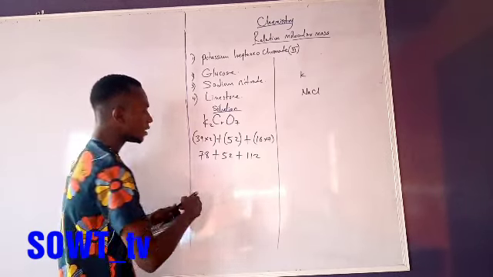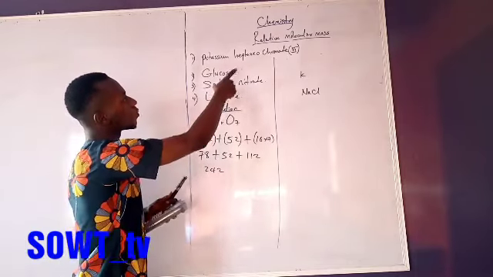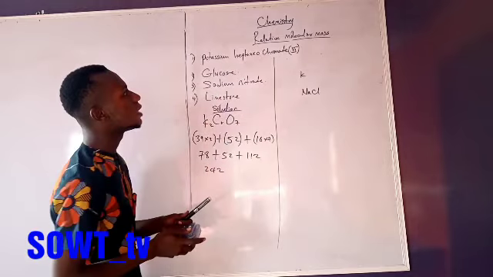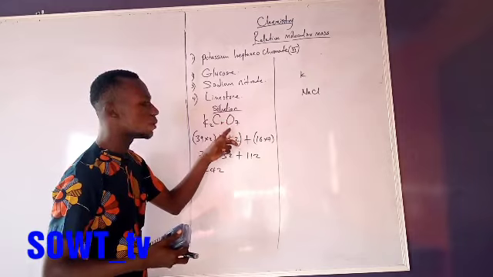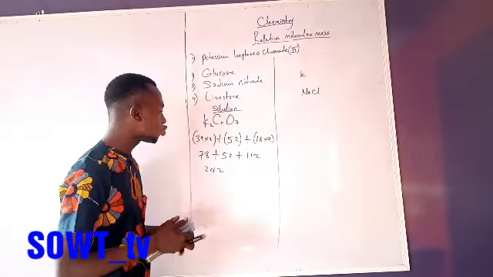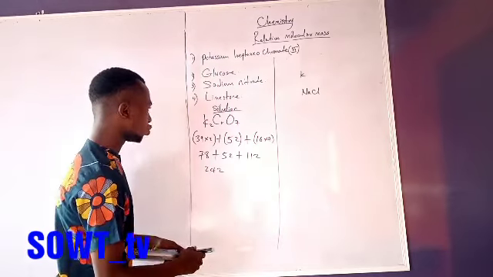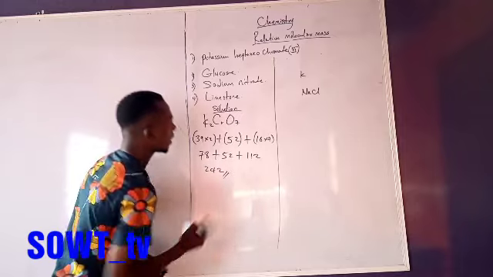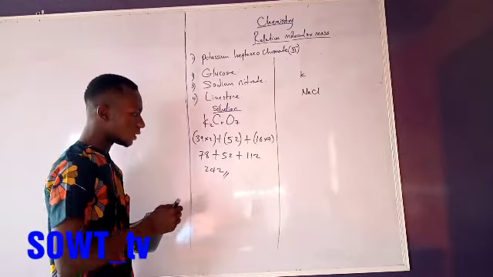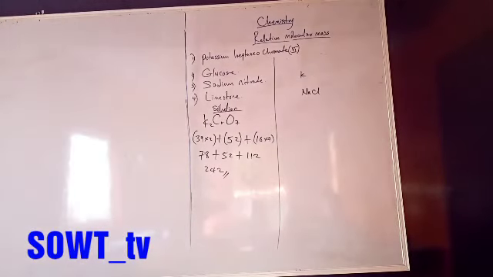So the final answer is 242. The relative molecular mass of potassium heptaoxochromate 6 is 242. That is the final answer. Relative molecular mass of what? Of potassium heptaoxochromate 6.